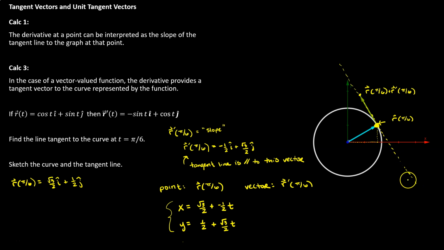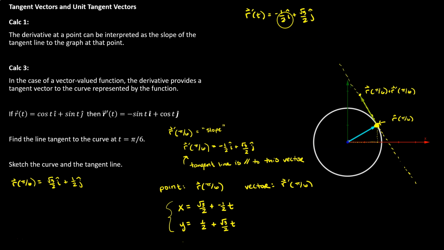Now, one thing to keep in mind if you are looking at finding the line tangent to a curve like this, if you want to plot this tangent vector, let's talk about this for a moment. r prime of t looks like -1/2 i hat plus √3/2 j hat.